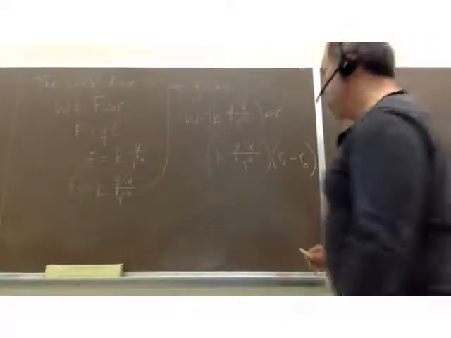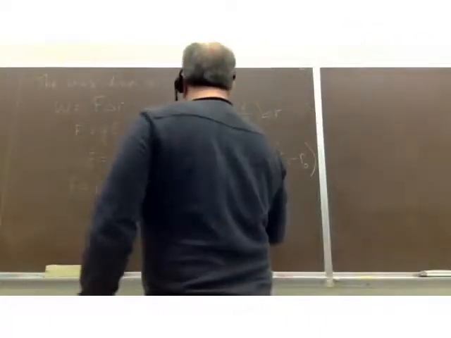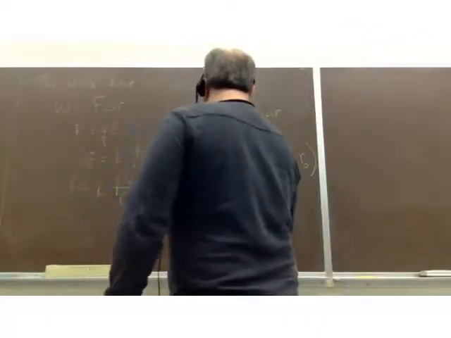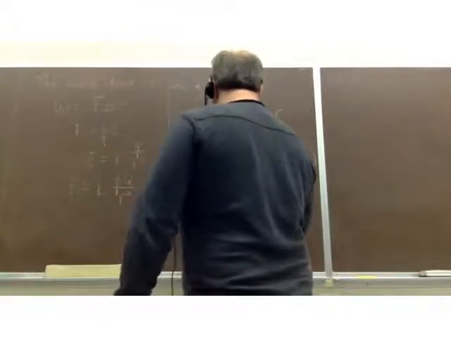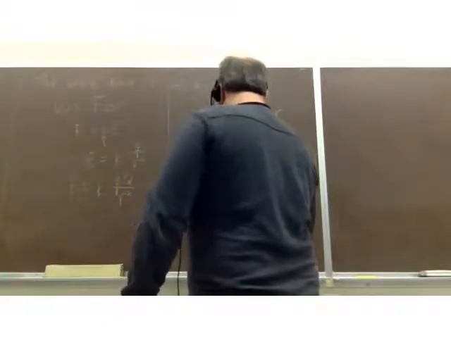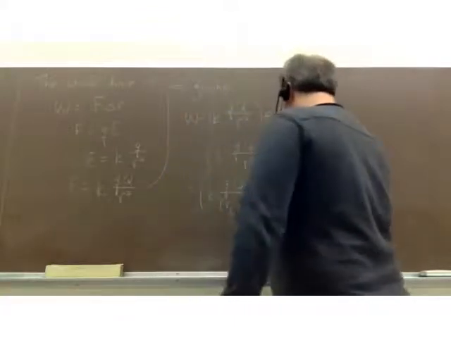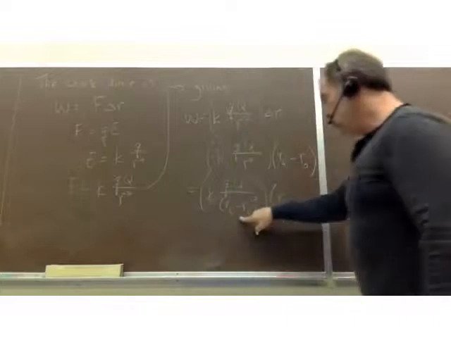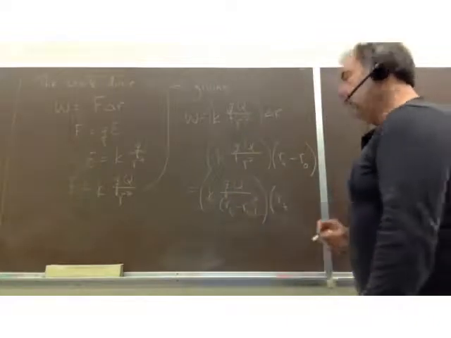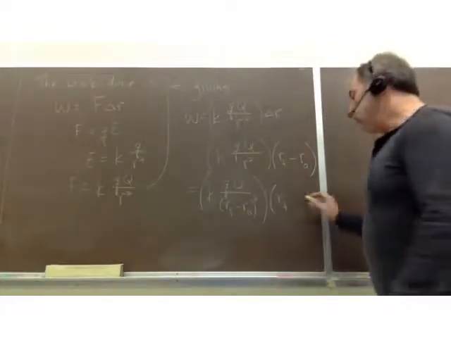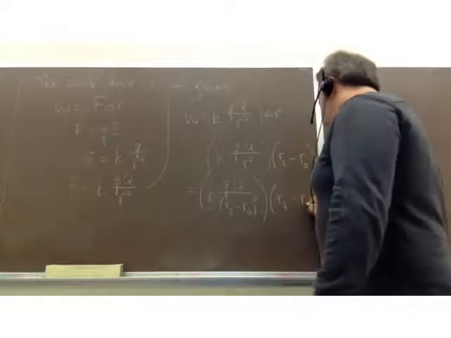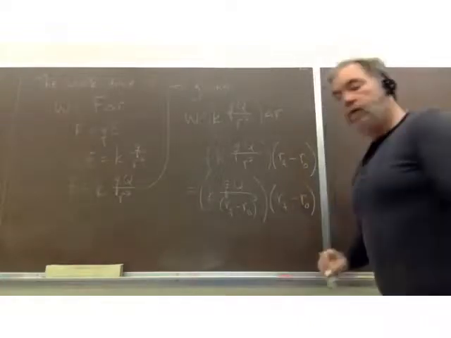So, making what is admittedly a hand-waving argument and not a mathematically rigorous proof, I'm going to claim that I can and should write R as the square of R final minus R initial. In other words, the distance that the thing moved. Okay?